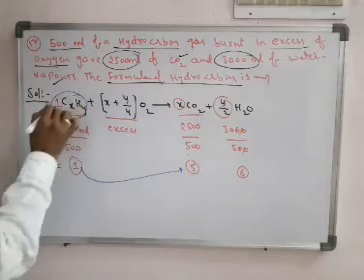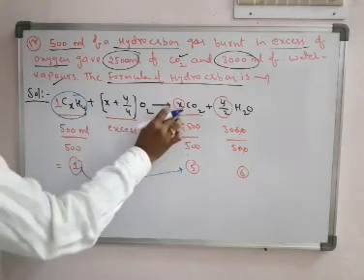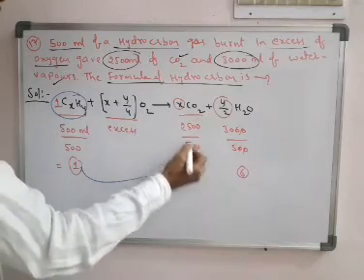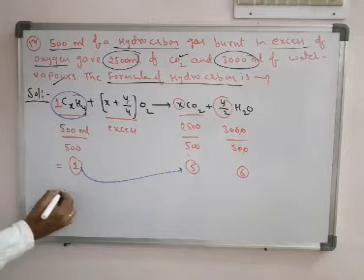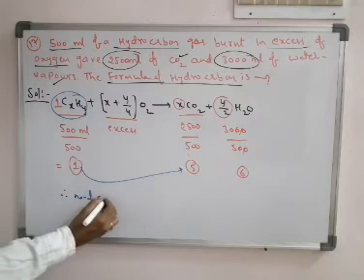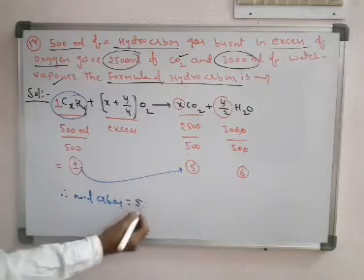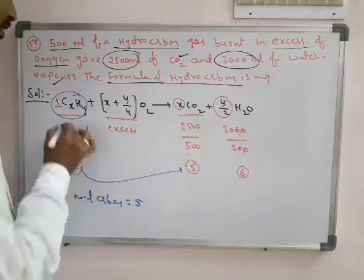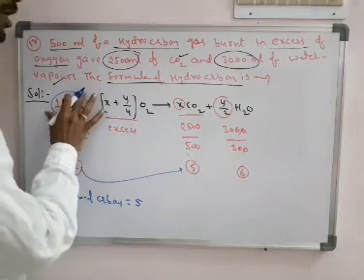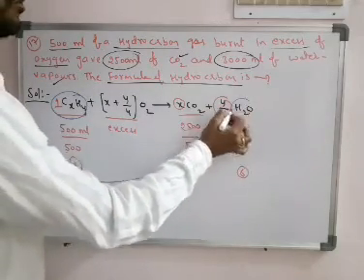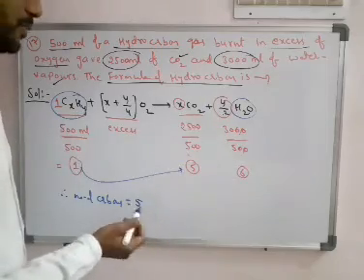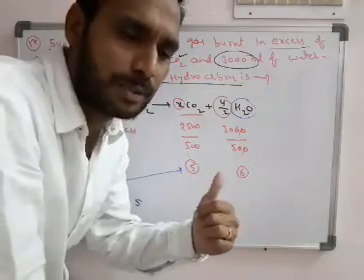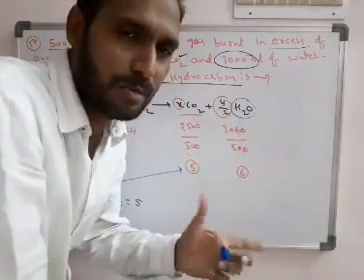One hydrocarbon produces x CO2s, so 5 CO2s are released. Therefore the number of carbons is 5. Then comparing with H2Os, 1 mole of hydrocarbon releases y by 2 moles of H2O. Whatever hydrogen is present in the hydrocarbon appears in the form of H2O.